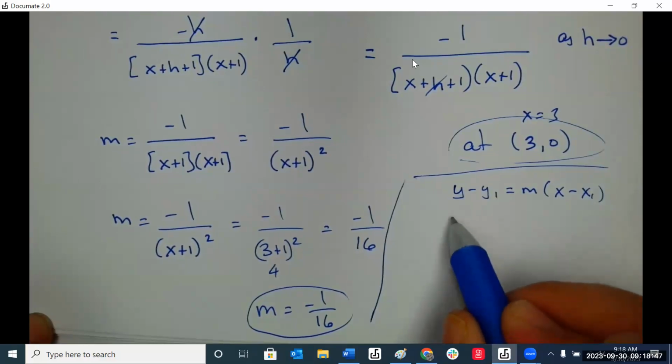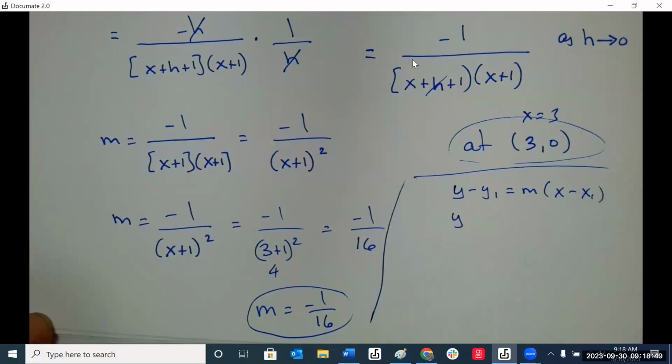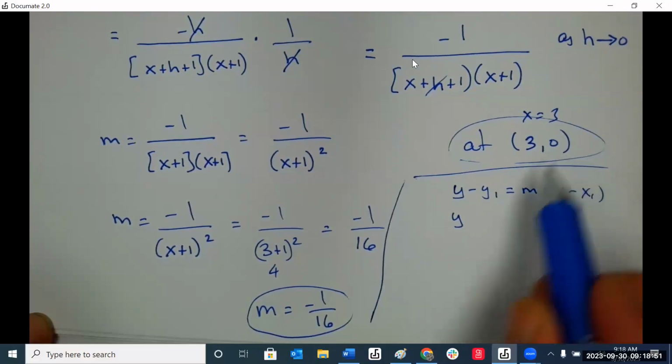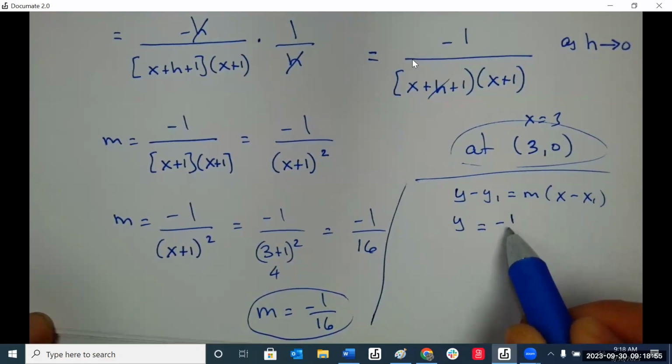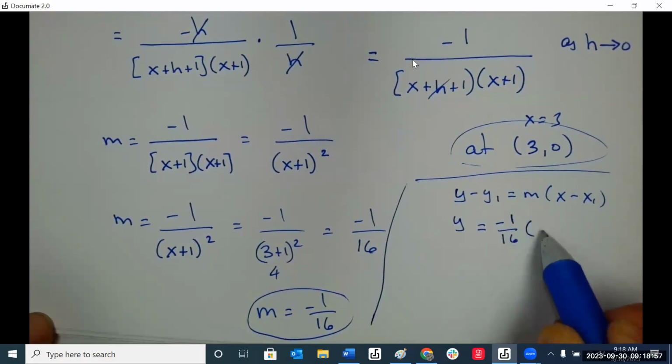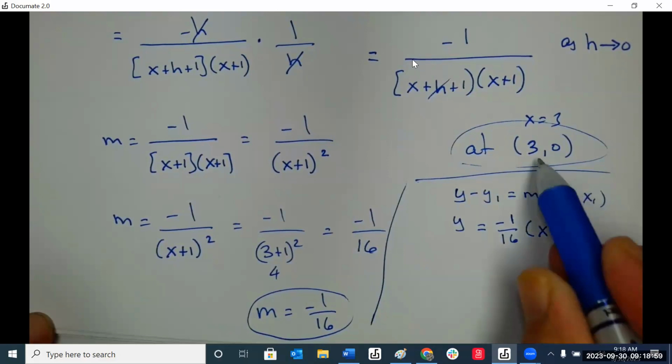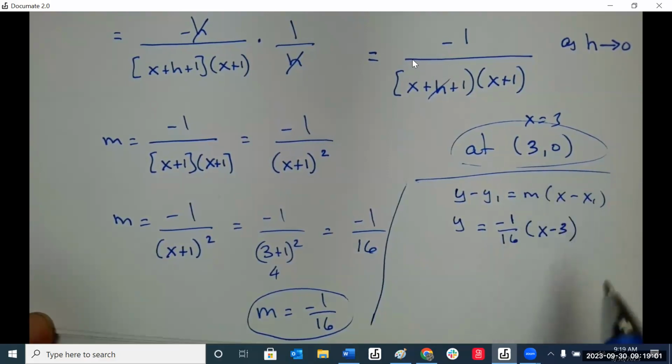So what's y1? 0. So we don't have anything there. You have negative 1 over 16, x minus x1. x1 is 3.